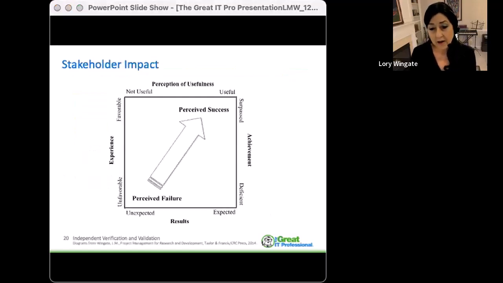I like to use models that help explain what we see in the world around us. In this case, I built this model to explain what perceived success or perceived failure usually derives from.